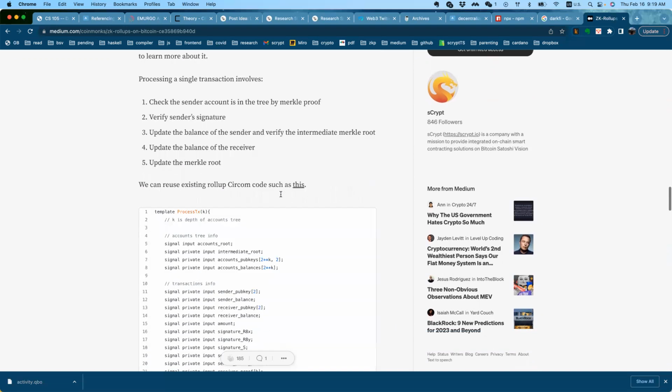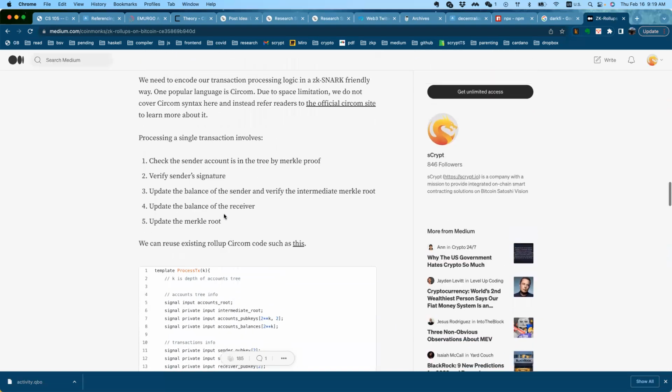Okay. And we also have the circuit here. When I say this is a function we are proving, basically you are validating each transaction. For example, you are checking, does the signature for the sender check out? Or does the sender have enough tokens in his account?